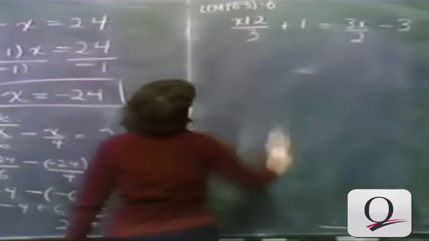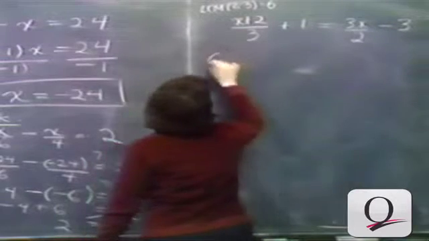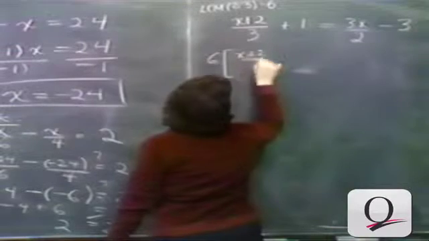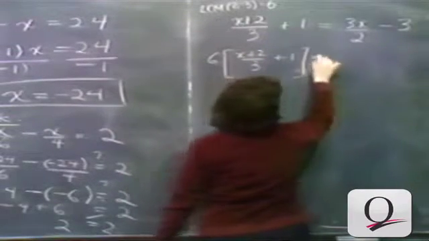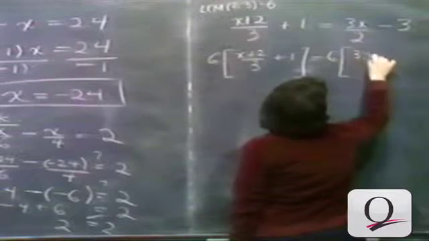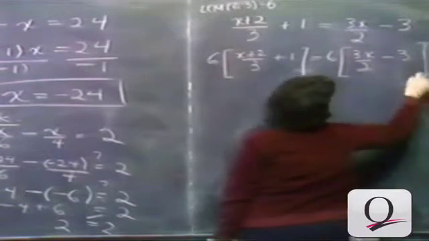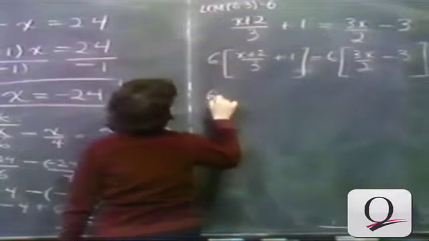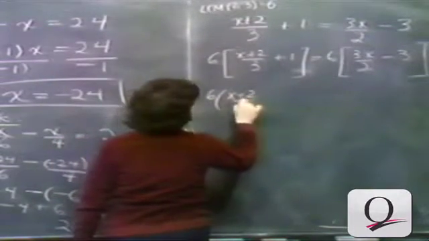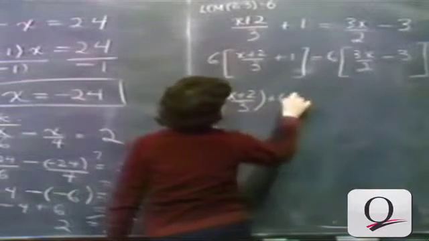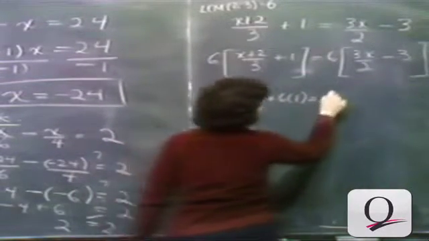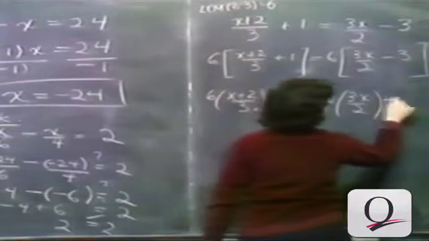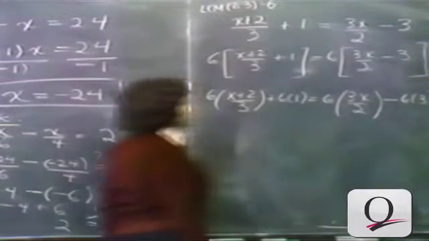Now, when you're multiplying both sides of the equation by 6, it's 6 times x plus 2 over 3 plus 1 equals 6 times 3x over 2 minus 3. Now, using the distributive law, we get 6 times x plus 2 over 3 plus 6 times 1 equals 6 times 3x over 2, take away 6 times 3.